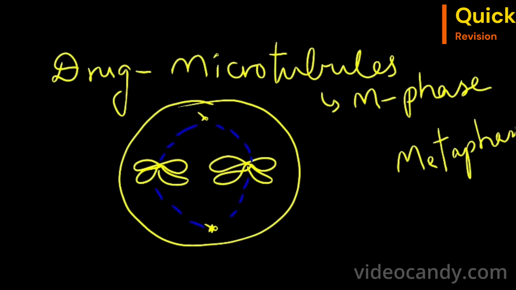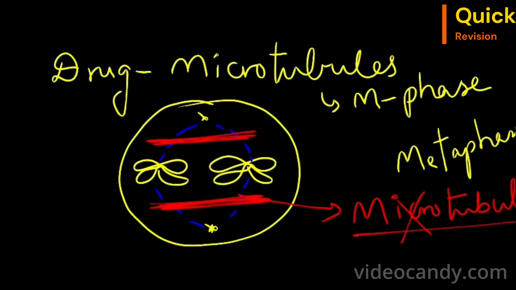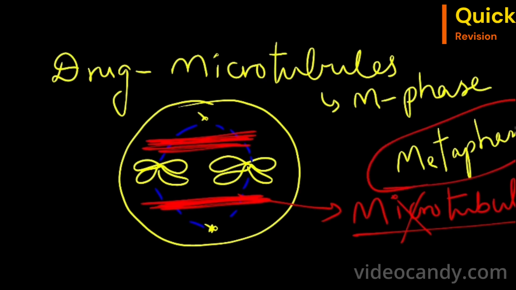Now the drug colchicine interferes with the spindle fibers, because these spindle fibers are formed from the microtubules, right? Because these microtubules are interfered with, the spindle formation does not occur and the cell is arrested in the metaphase. Specifically, which phase in M phase? It will be the metaphase.